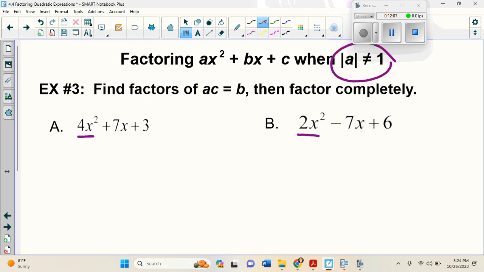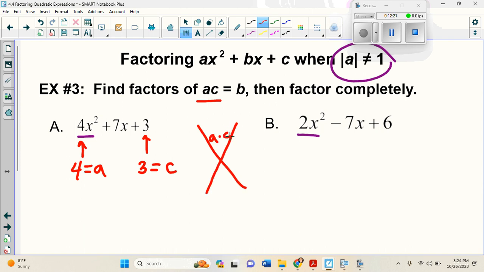It says find the factors of A times C. So here's A. A is 4. And here's C. C in this case is 3. So if I were to take A times C, I would have 3 times 4, which is 12.